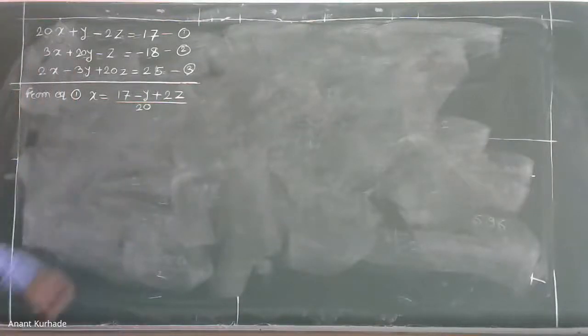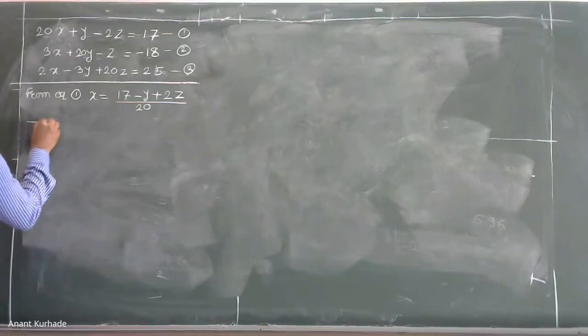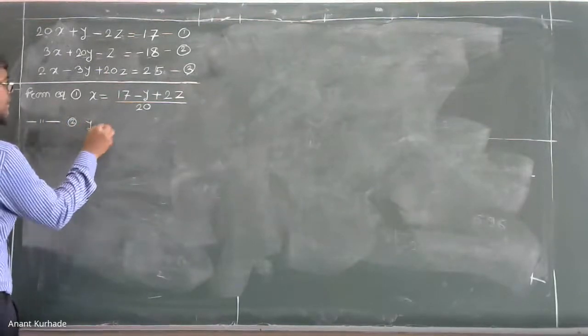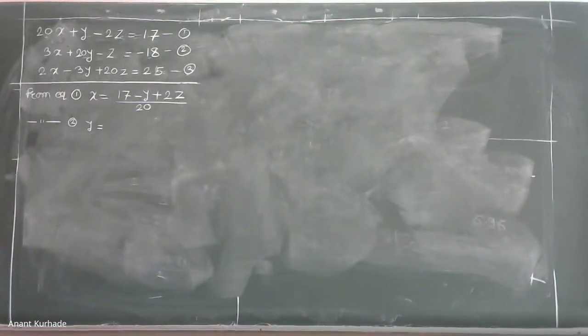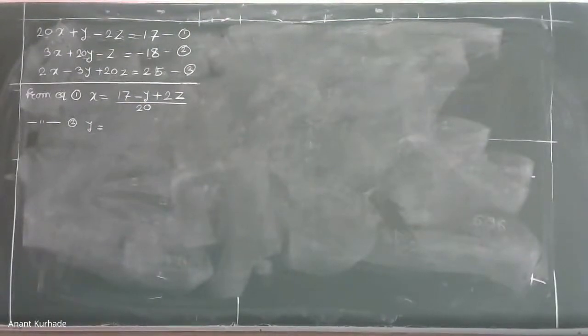It is very important to change the sign. Now, from equation 2, y is equal to, please anyone tell me, how can you separate this equation for y?